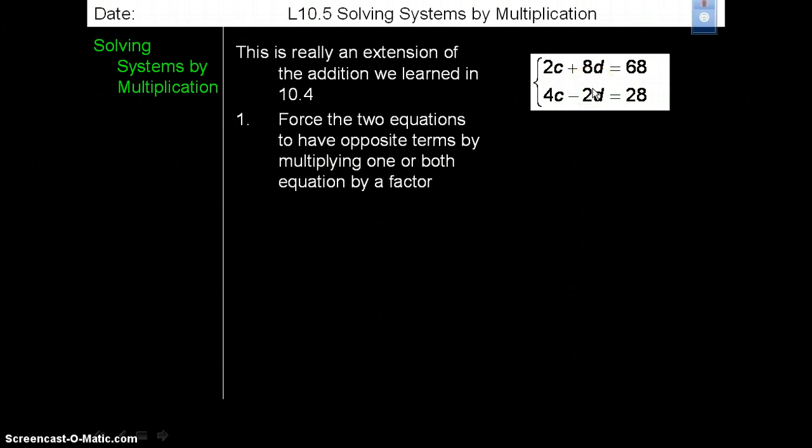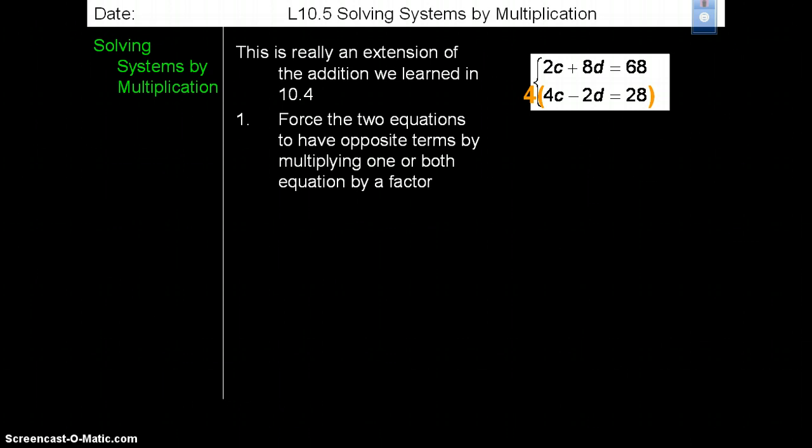So today what we're going to do is force the two equations to have opposite terms by multiplying one or both equations by a factor. For example, in this particular system, I'm noticing that the 8d and the -2d, while they're not exactly opposite terms that would zero out, one is positive and one is negative.